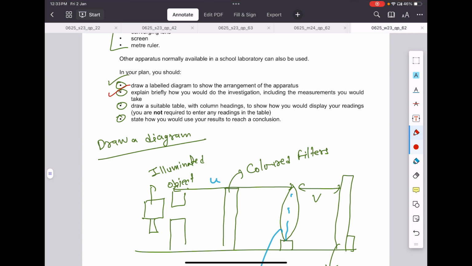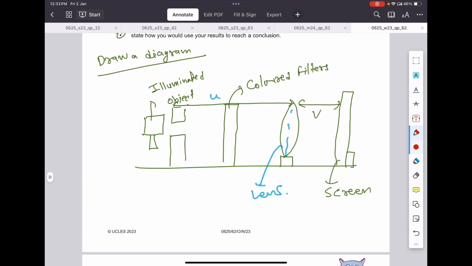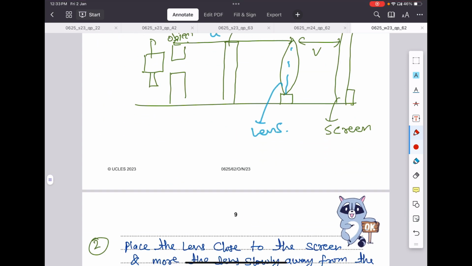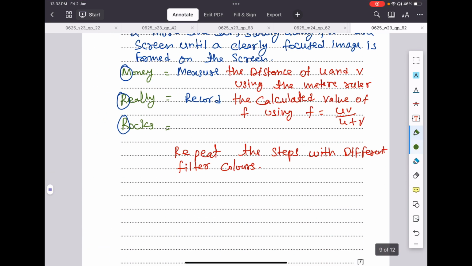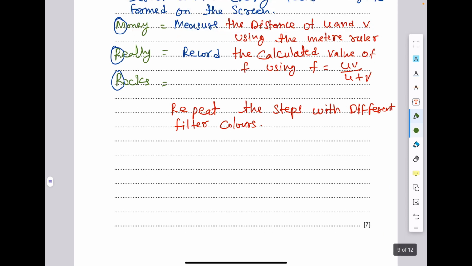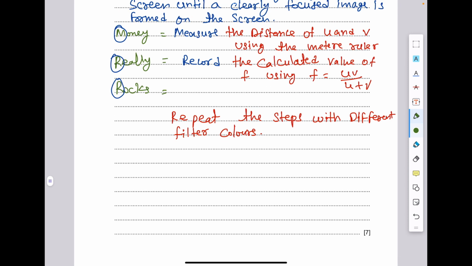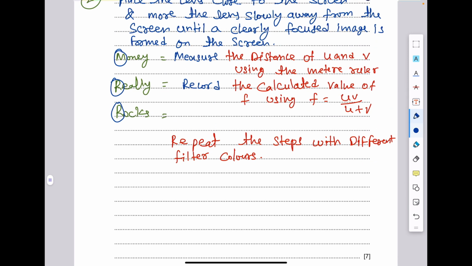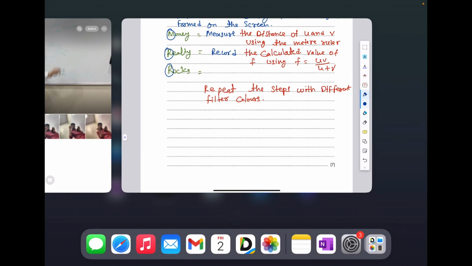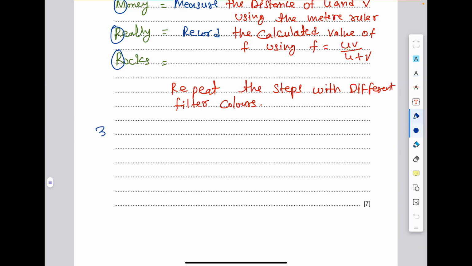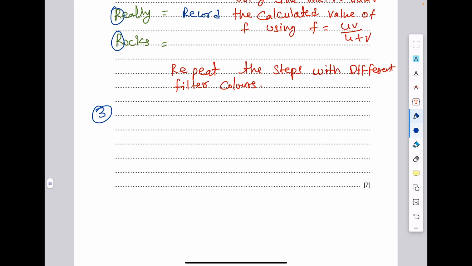Now, third part: draw a suitable table with column headings to show how you would display your readings. So now we can make a table. The third bullet point will be the table.